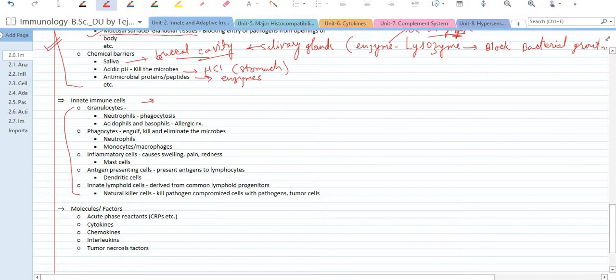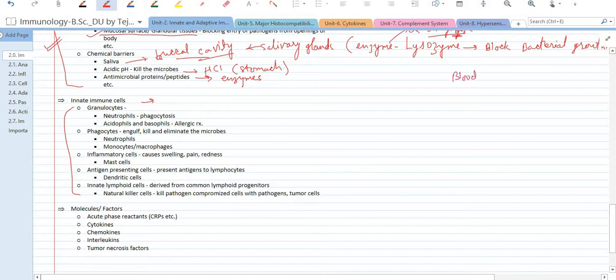So I am taking only a brief here. First of all, I want to explain some small description of these cells in our immune part.